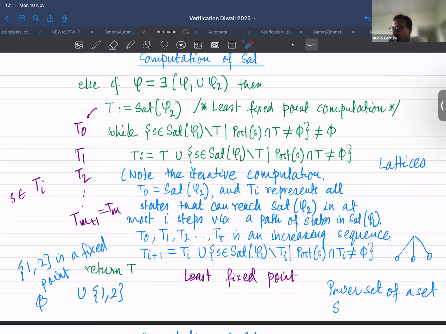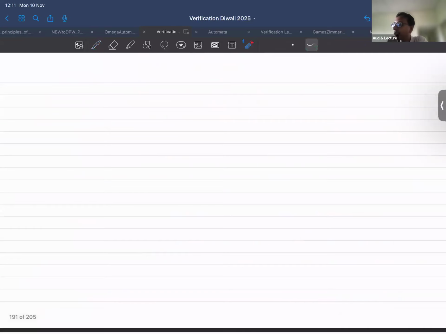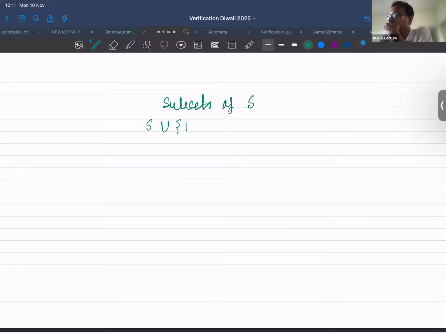Suppose you take the power set. The elements of the power set are different subsets of S, and then you have S union {1, 2}.